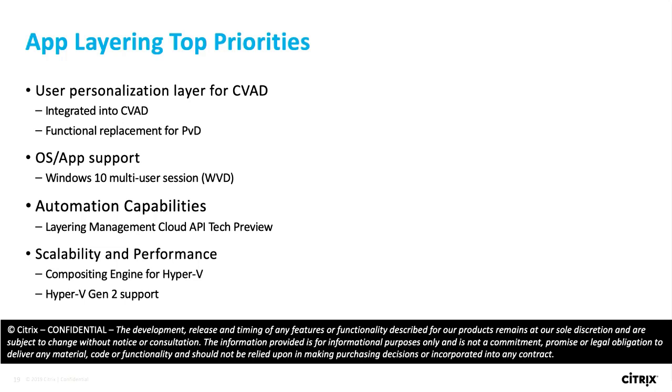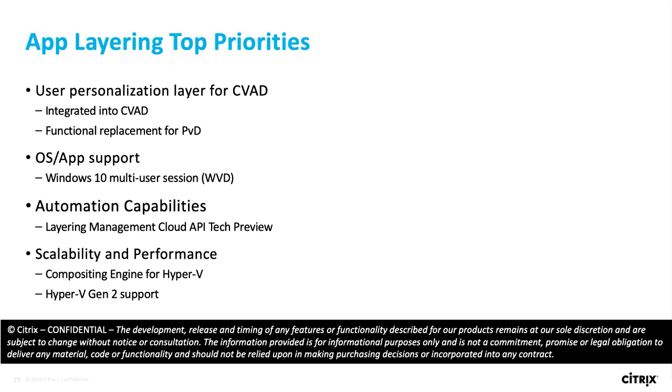And then lastly, and this ties into the other two themes around automation and integration, we're hard at work building a new, highly scalable and performant architecture for app layering. This is in an effort to get the product to scale better than it has previously and to allow it to more natively operate in cloud environments and any environment where we may target it in the future.